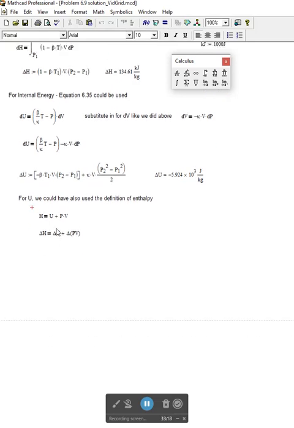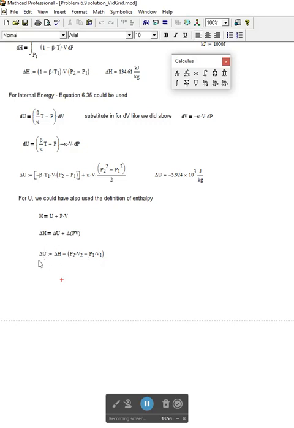In this case, we already know delta U, so we just rearrange things. If you remember, there are two ways you can treat this delta PV. It can be P times delta V plus V times delta P. That doesn't make sense for this problem because P is changing and V is changing. So when you expand this, delta PV is P2V2 minus P1V1.